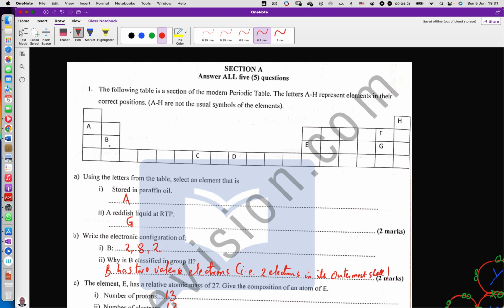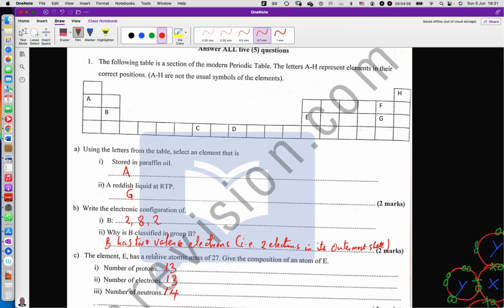And the electronic configuration is 2, 8, that is 10, and the 2 is 12. So obviously B could be magnesium, but it belongs to group 2 of the periodic table. So we have 2, 8, 2.